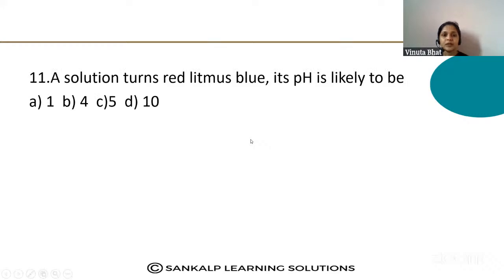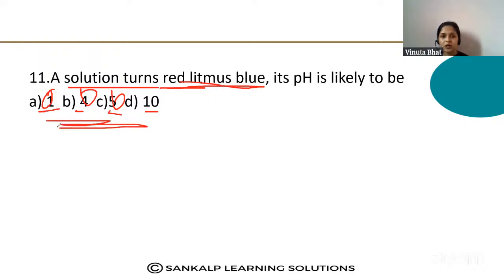Next question. A solution turns the red litmus blue. Its pH is likely to be? So that is having the pH 1, 4, 5, 10. Here these are all acids: 1, 4, 5. So these are all acids, but that is not possible.